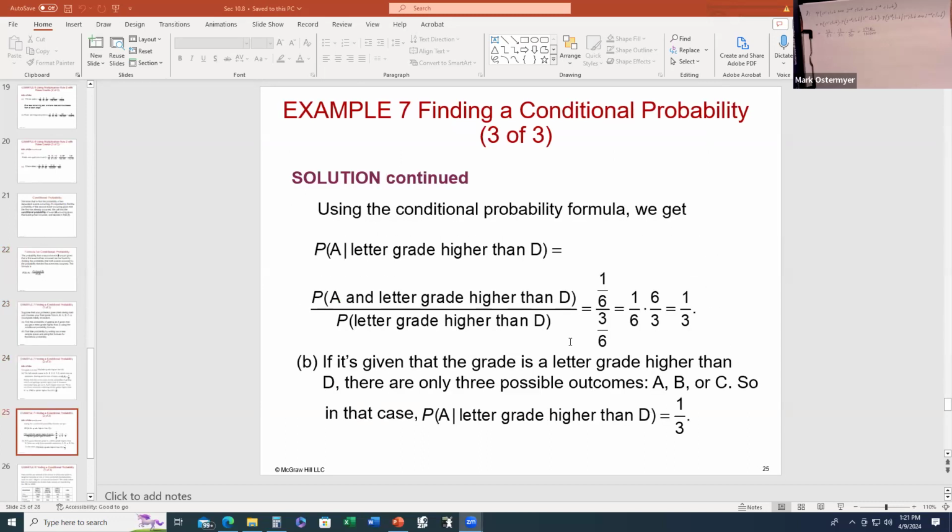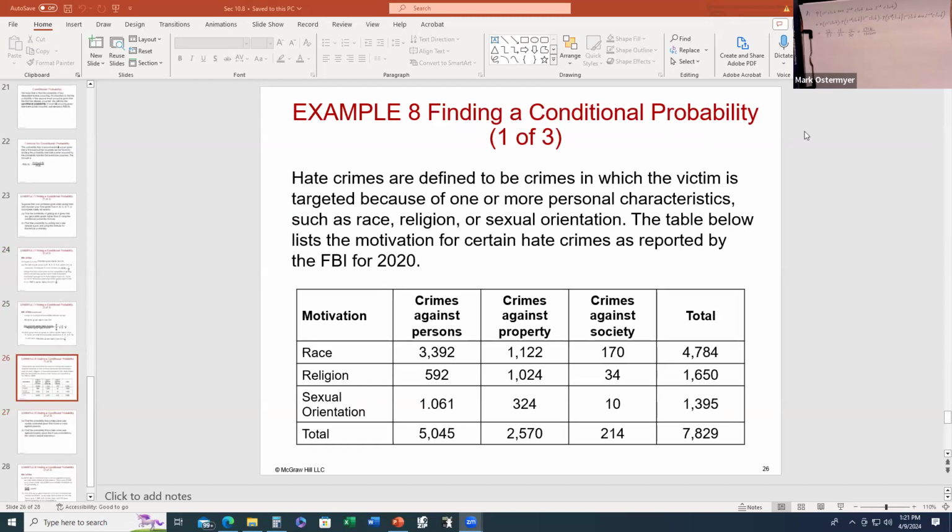Okay, hold on. I don't want to get into that problem there. Let's get into this problem. Let's look at this data table here. Hate crimes are defined to be crimes in which the victim is targeted because of one or more personal characteristics, such as race, religion, and sexual orientation.